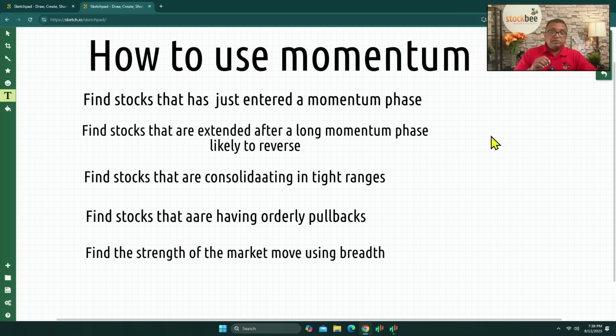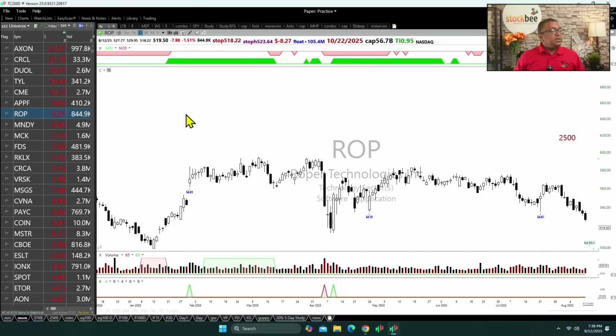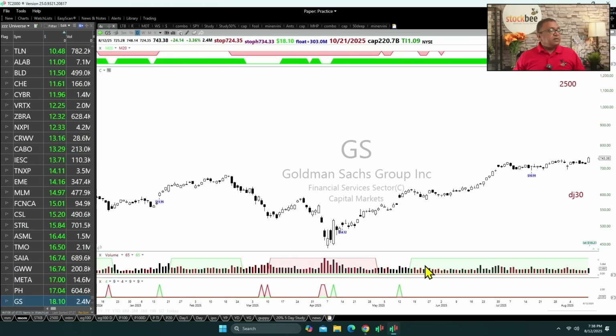Let's look at some of the ways in which you can use momentum. One of the ways is to find a stock which has just entered a momentum phase. If a stock was not in a momentum phase and just entered one, that allows you to identify where the momentum has started and then buy points along the way.